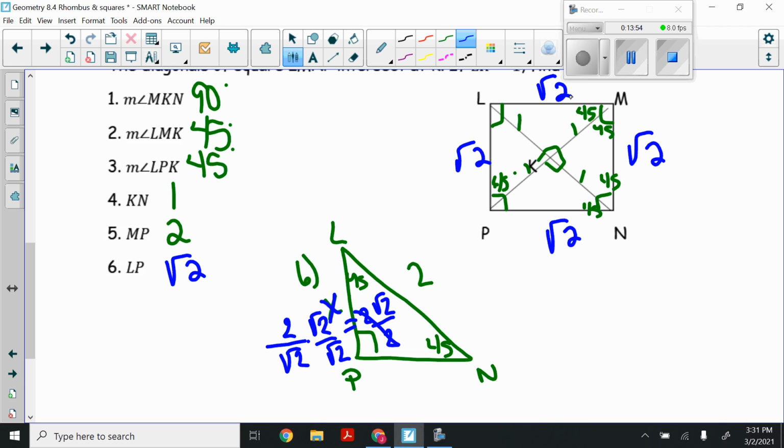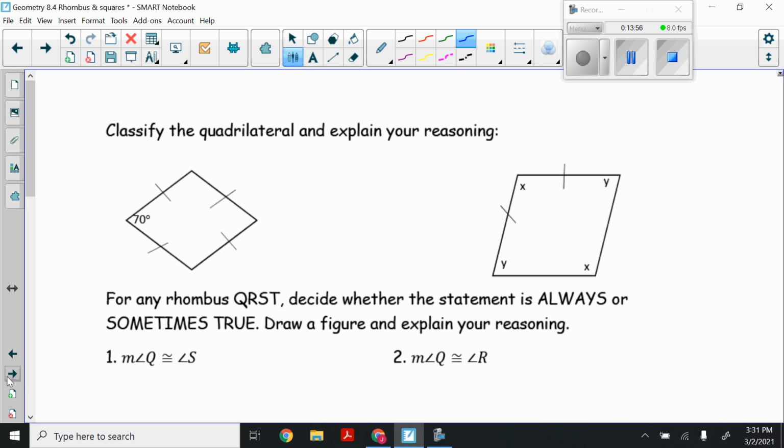All right, let's go to our next page. Classify the quadrilateral and explain your reasoning. So this is where I told you I'm going to give you a picture, and you have to tell me what this is. Which quadrilateral is this? Okay, so let's just label what I know. Right off the bat on this first one, I know I have 4 congruent sides.